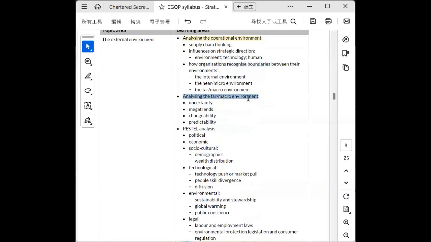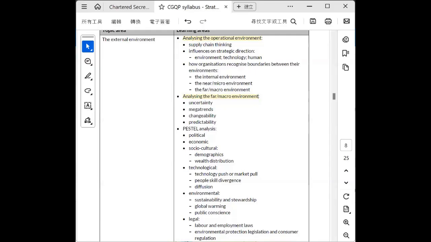Then we need to analyze the far macro environment, which is very complex and unpredictable. So it wants the company to stay agile and forward thinking. You cannot be too stable. You have to be agile.